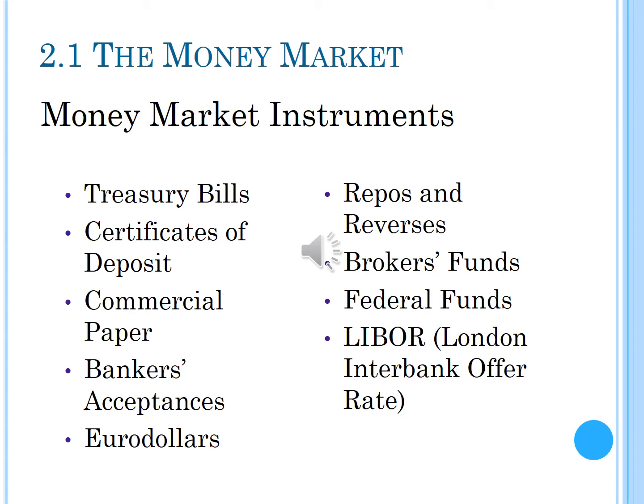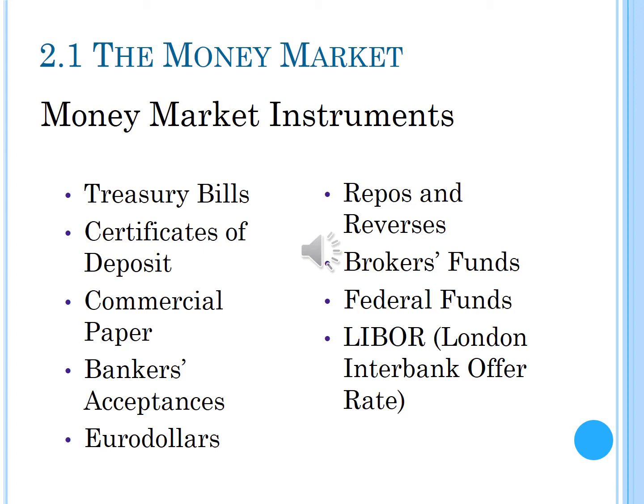These mutual funds pool the resources of many investors and purchase a wide variety of money market securities on their behalf. So according to that, we can define money markets as markets that include short-term, highly liquid, and relatively low-risk debt instruments. Examples of these would be Treasury bills. This is the most obvious example of a money market instrument.